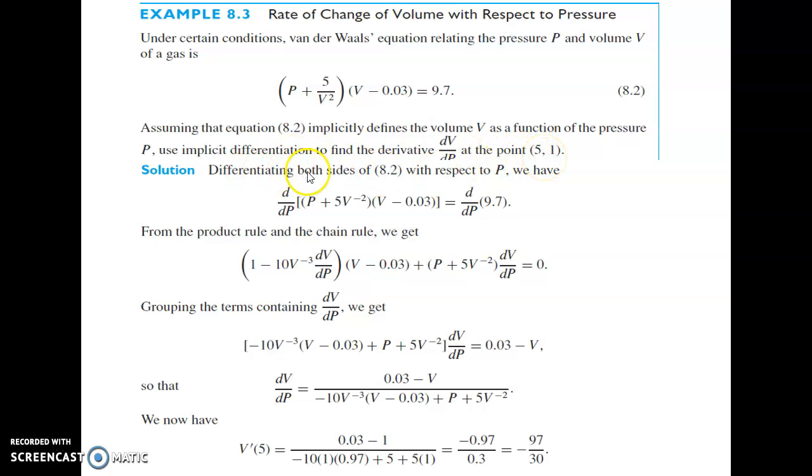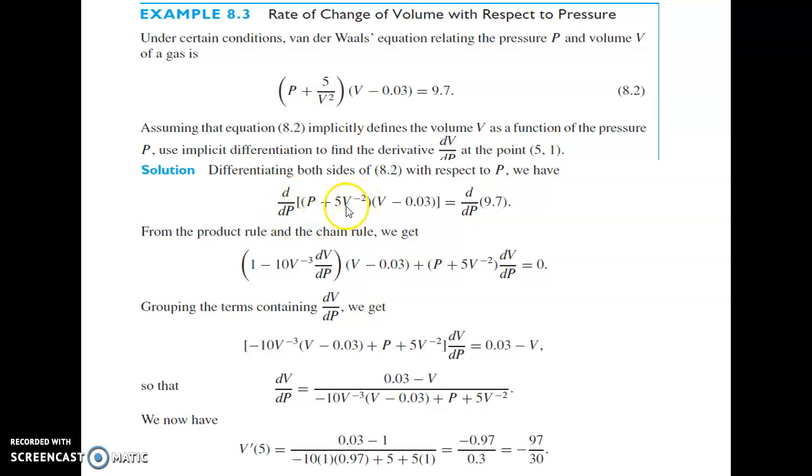So what I do, I differentiate both the sides with respect to p. Remember, v is a function of p. So I write d by dp, d by dp. See, d by dp of p is 1. Now the power first.